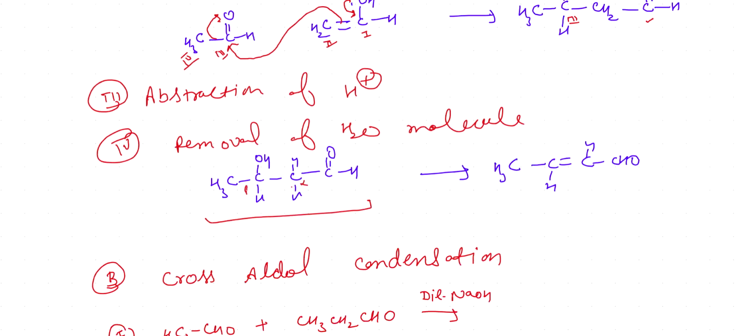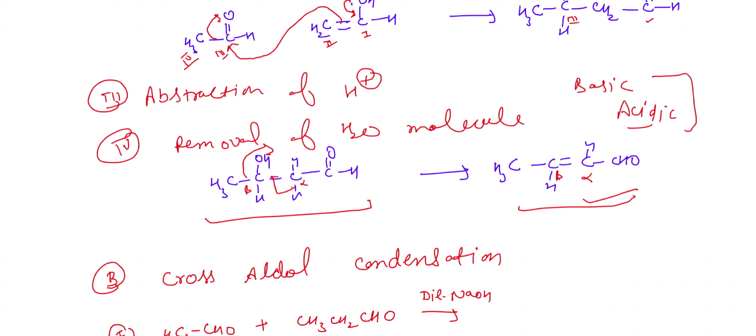H positive is abstracted from alpha hydrogen and the hydroxy group is removed from beta carbon. Thus, there is formation of alpha beta unsaturated aldehyde. So the reaction can proceed both under basic condition as well as under acidic condition. So you just have to check whether it is conducted under basic or acidic.